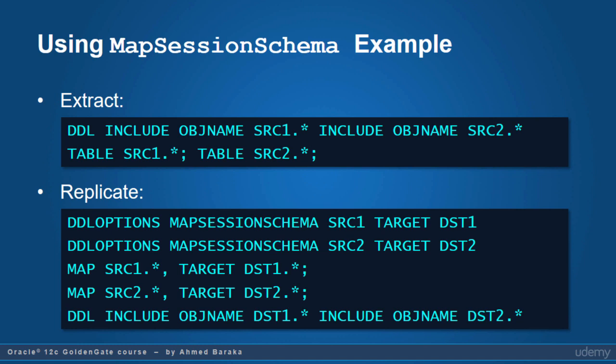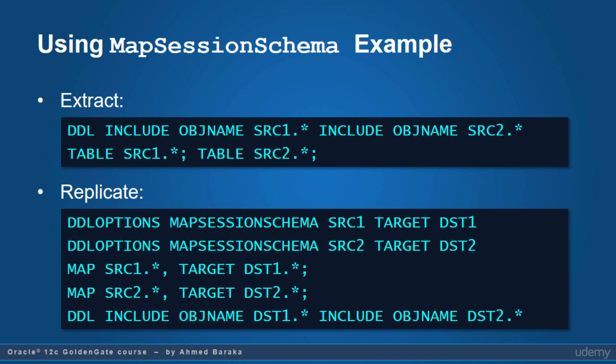Here we have an example of using the map session schema option. We have here an excerpt from an extract parameter file. The extract that uses this parameter file captures all the DDL statements issued against the objects in the schemas SRC1 and SRC2.